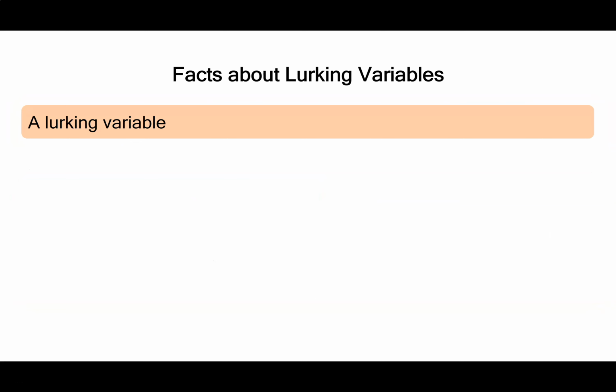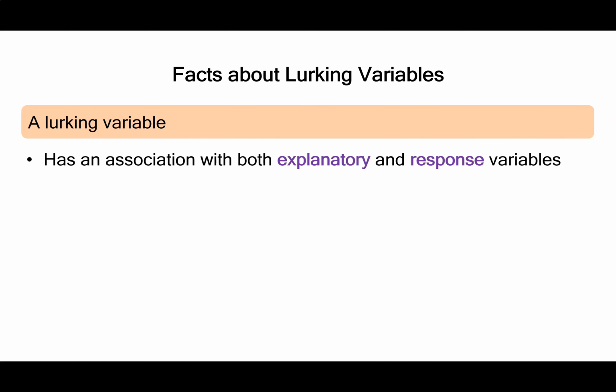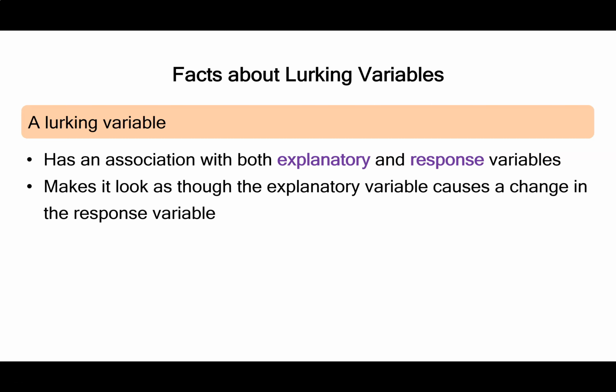So, some facts about lurking variables. A lurking variable typically is associated with both of the other variables, so it can be related to your explanatory variable and your response variable. It tends to make it look like the explanatory variable causes the response variable to change, when that's not necessarily true.